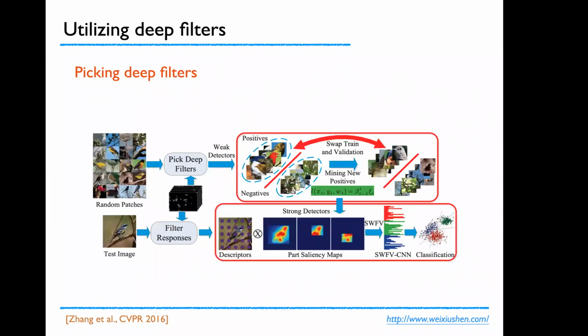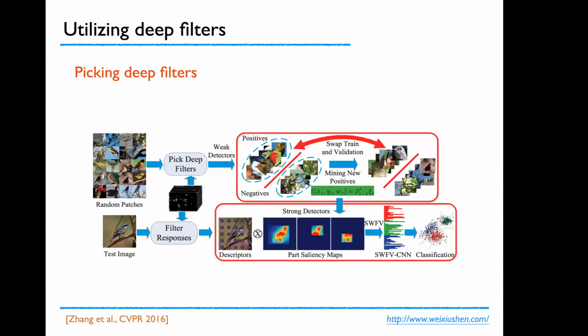Then PDFS was proposed to select the deep filters corresponding to parts, and they then iteratively update the learned detector. It can result in the discovery of discriminative and consistent part-level image regions.